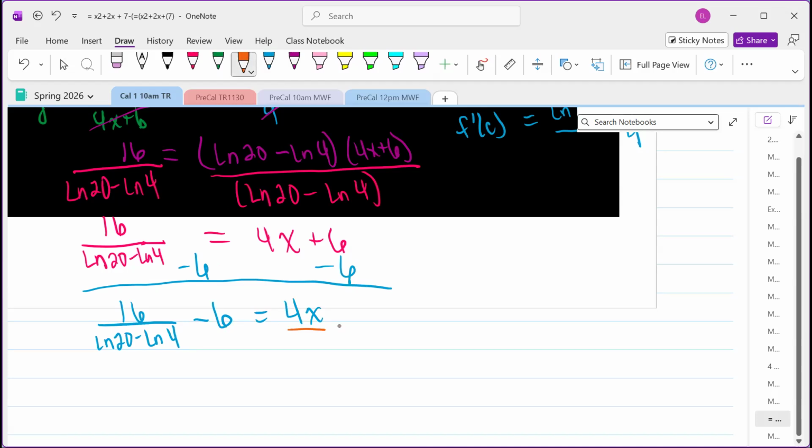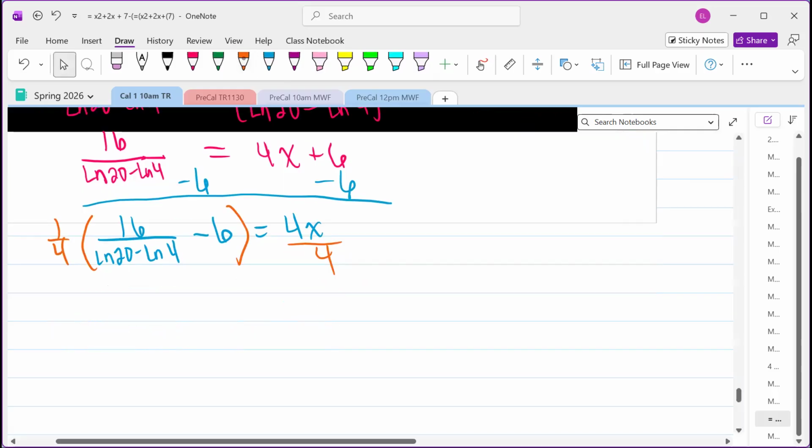And then I would divide by 4, but over on the other side, I'm going to write that as multiplying by 1/4. So there is our x value.